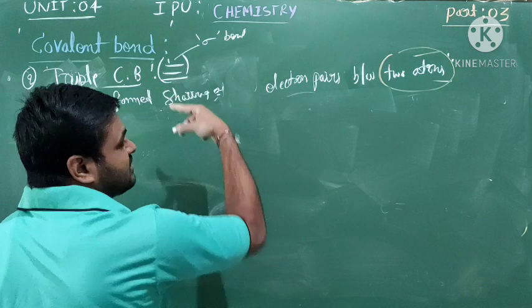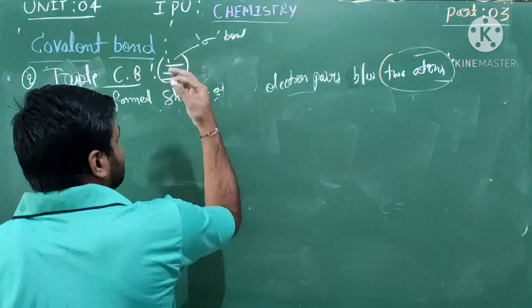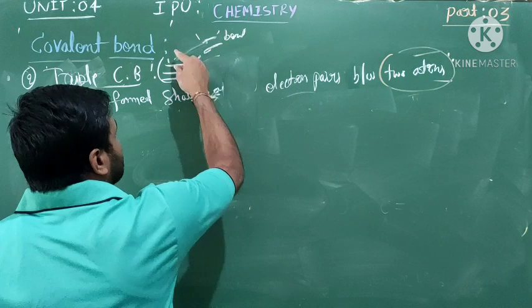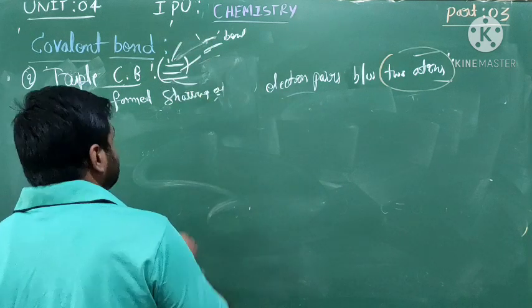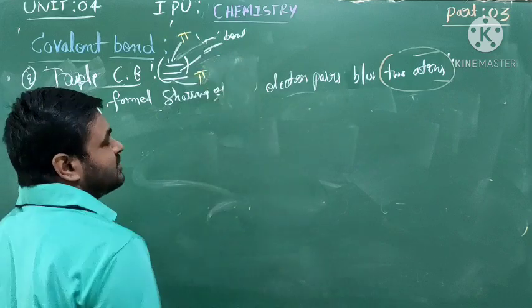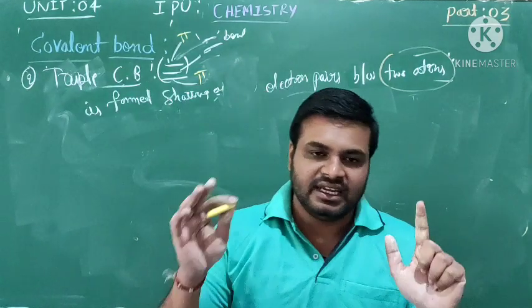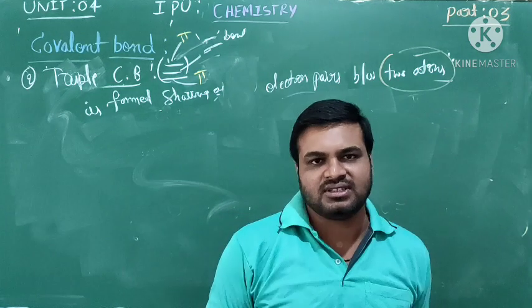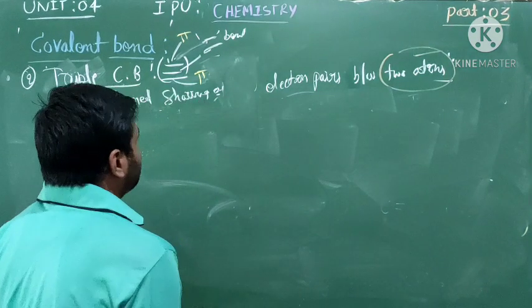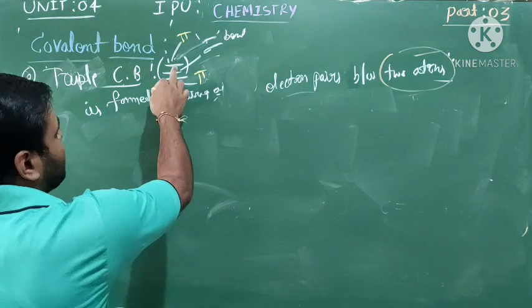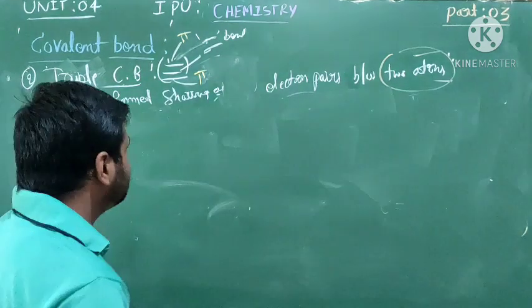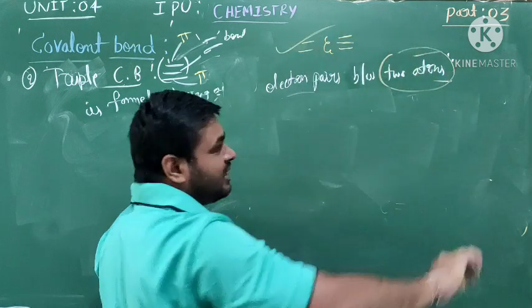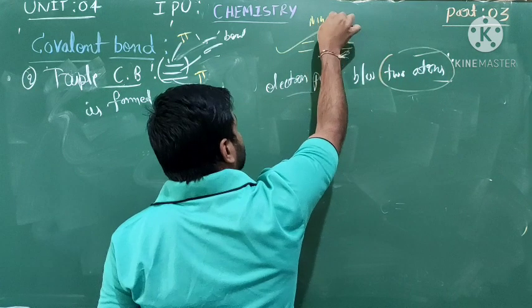Of these 3, one we consider a sigma bond. The remaining are pi bonds. In any two atoms, one bond is a sigma bond, and the remaining are all pi bonds. So it has one sigma bond and two pi bonds. Clear? Double and triple bonds are called multiple bonds.